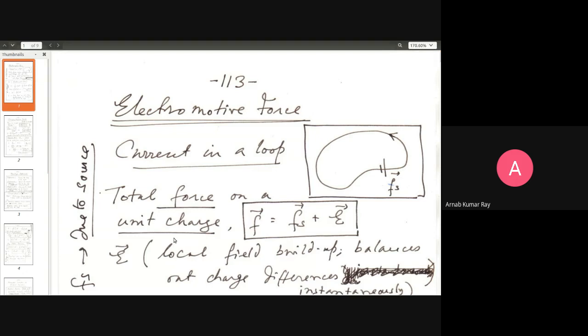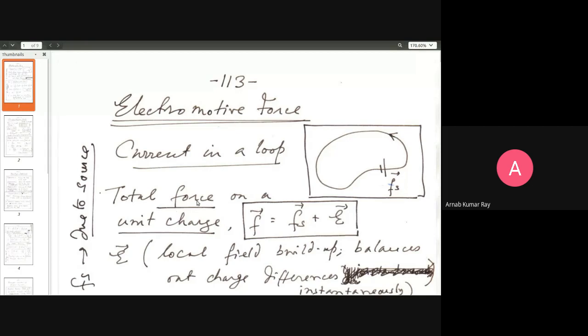Okay, so let us start now. I touched upon some of these points in the last class, so I shall briefly go back to those points and have a quick revision. In the last class, we began the discussion on electromotive force.